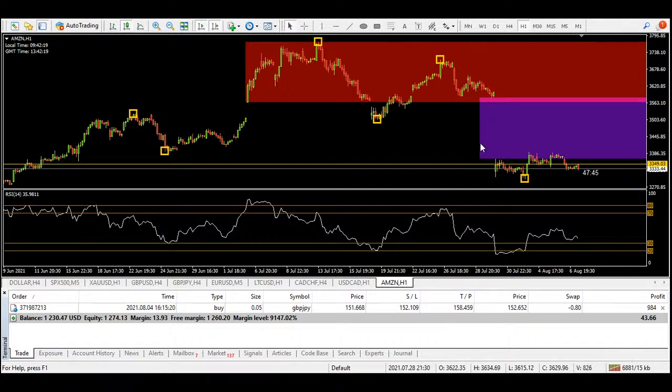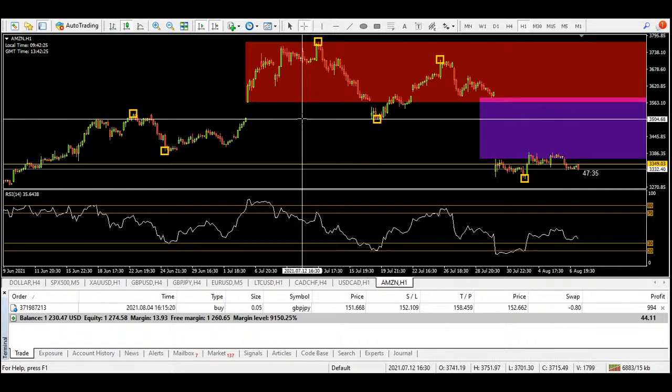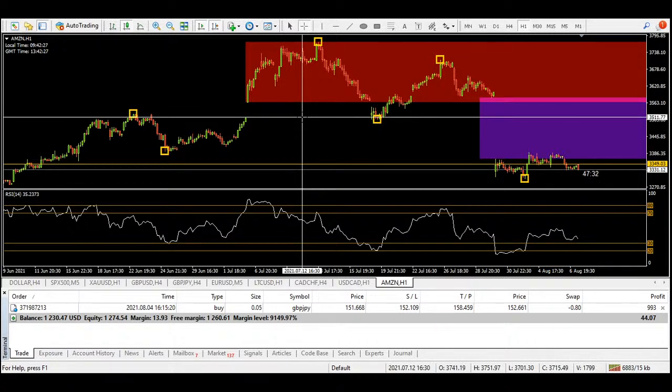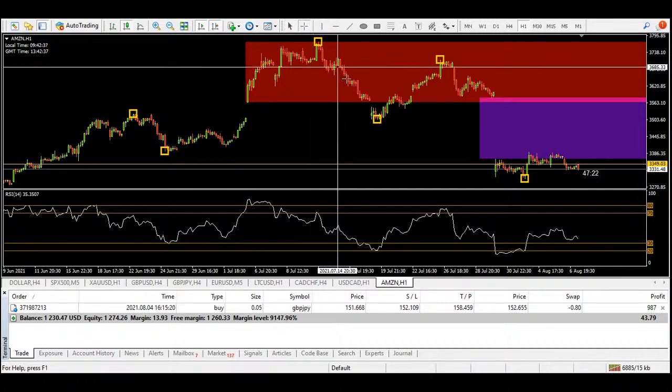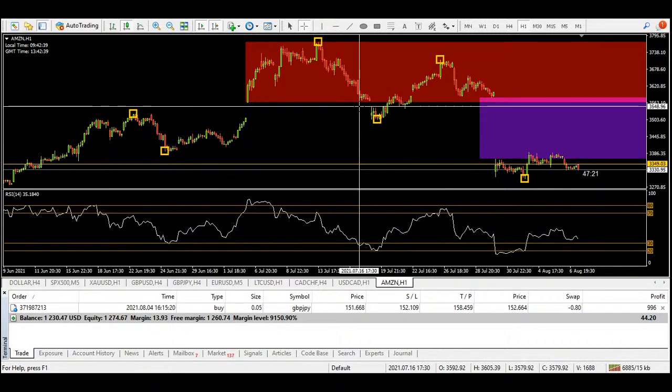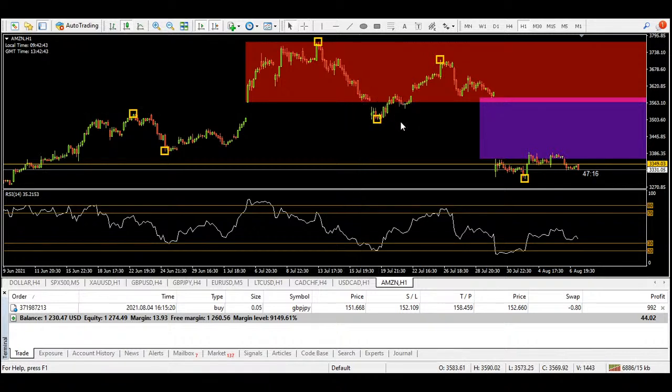So we got a gap here. Amazon needs to fill. Amazon is good for making gaps, but they do fill them, as you see here. We had a 495 pip gap that did get filled. We had roughly a 177 pip gap that got filled.